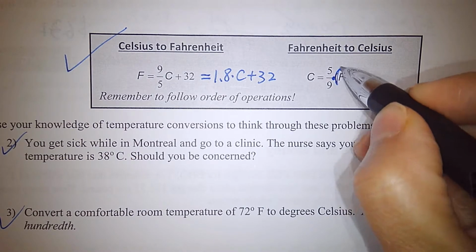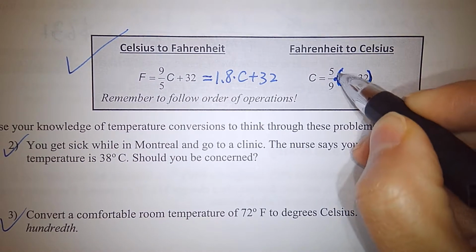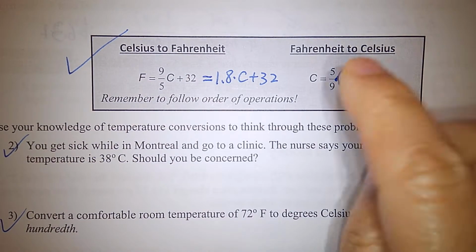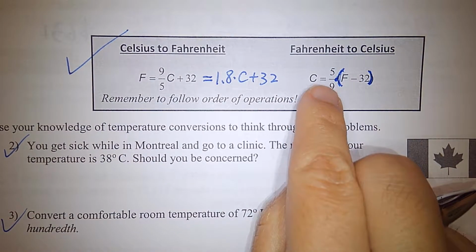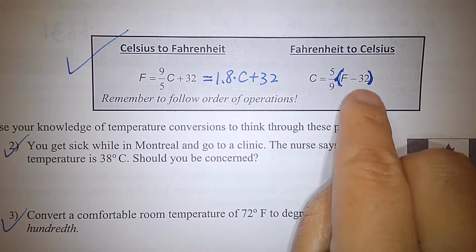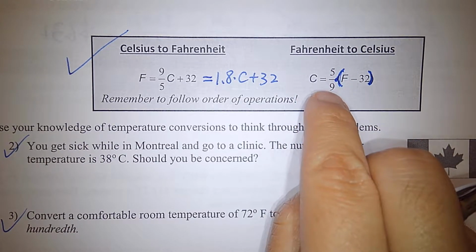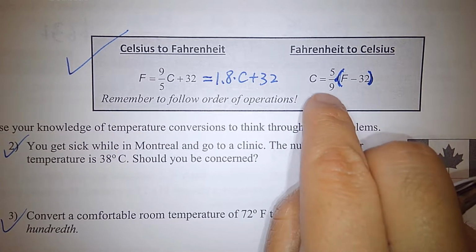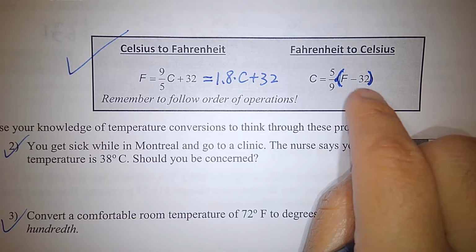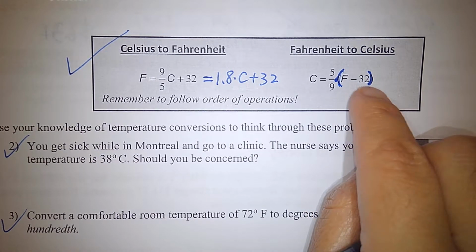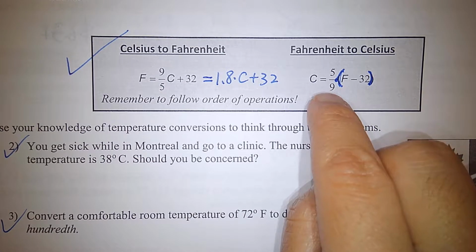Multiplication. Pay attention, there is a parenthesis. So we do F minus 32 first. And then how do we deal with this 5/9? Multiply this result by 5 and then divide by 9. Okay? So once we get the result from the parenthesis, multiply by 5 and divide by 9.